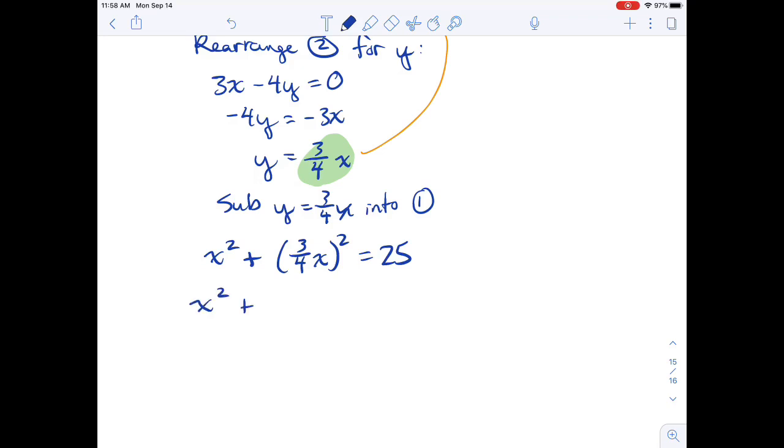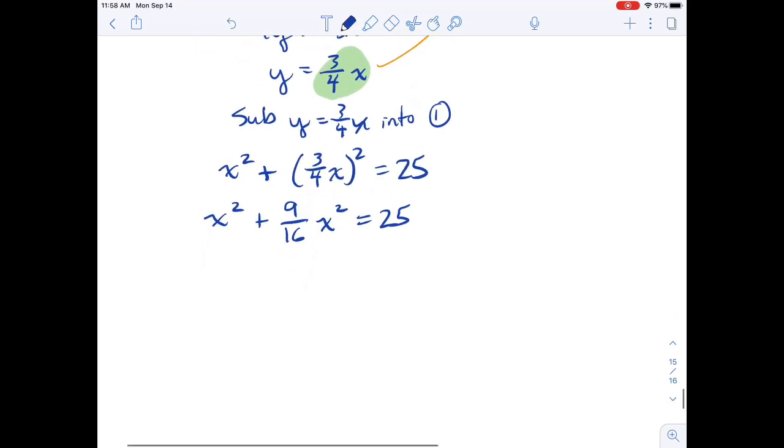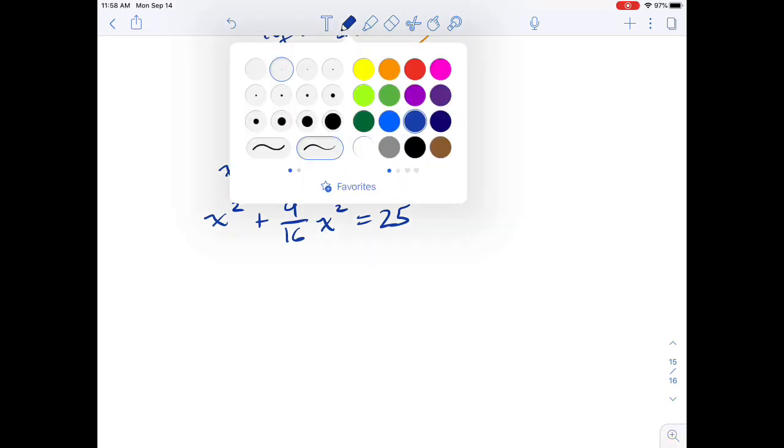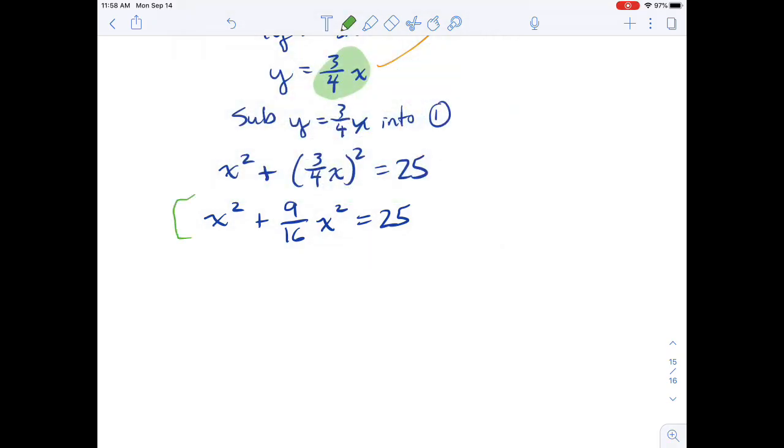So that's going to be 9/16 as the new coefficient on this other one, still equaling 25 on the other side. But remember, in our equations, if we can, we always want to get rid of any fractions. So I'm going to just multiply this entire equation, everything on both sides, by 16.